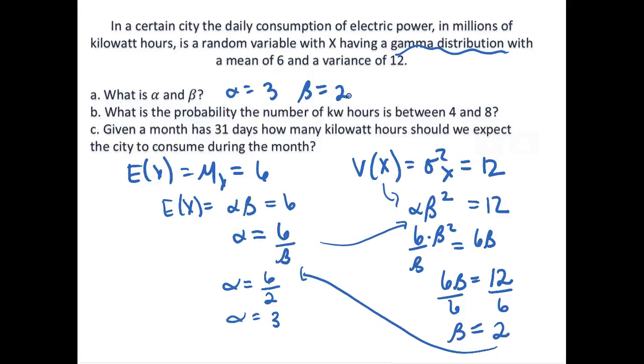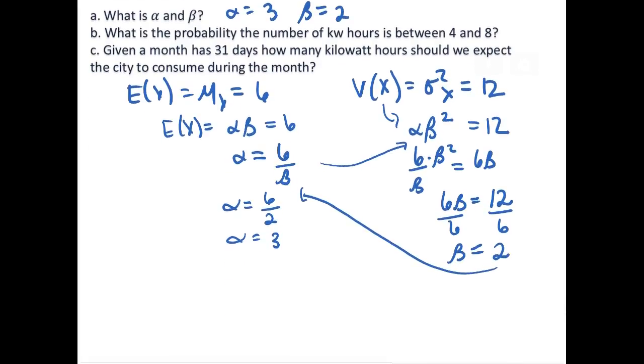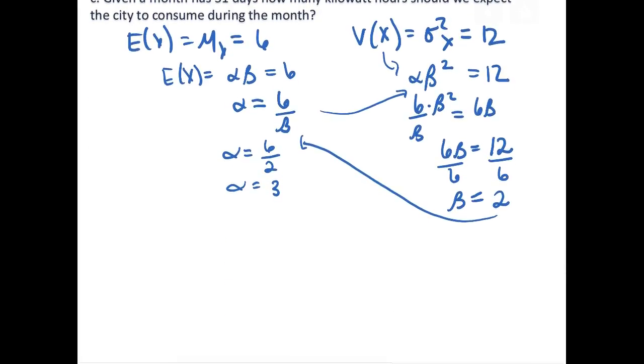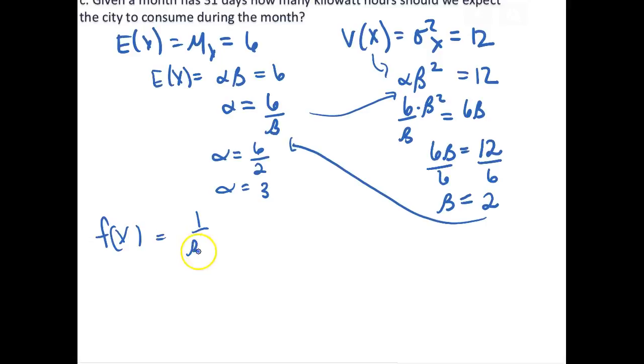All right, so now what is the probability the number of kilowatt hours is between 4 and 8? We can find this by integrating our probability density function. The general form of the probability density function for a gamma distribution is 1 over beta to the alpha, the gamma function of alpha, x to the alpha minus 1, e to the negative x over beta.